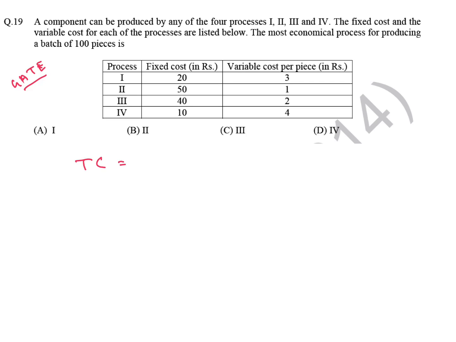Total cost is fixed cost plus quantity into unit variable cost. For each process you have to calculate the total cost.